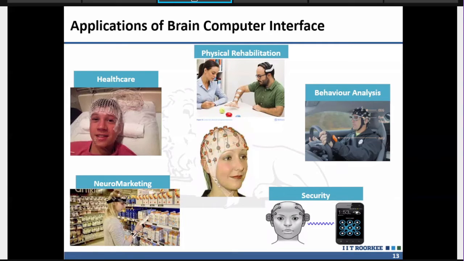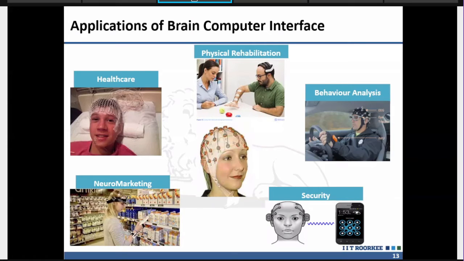Physical rehabilitation means, for example, that some people have problems with the movements of their limbs. With the support of EEG, we can understand what the severity and what the actual problem is.